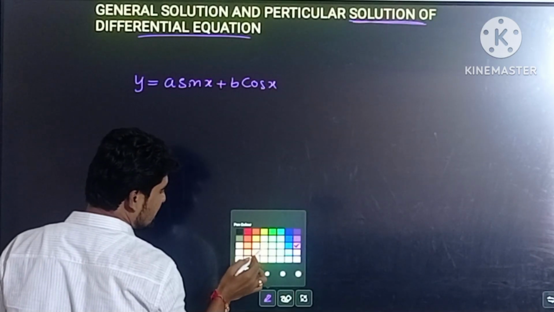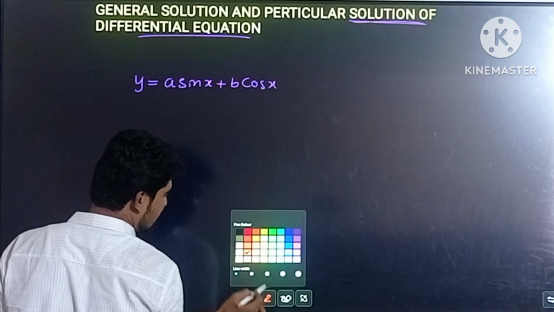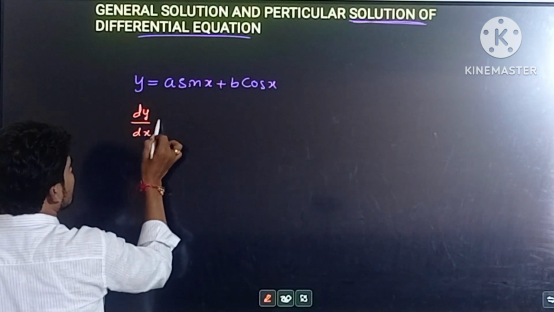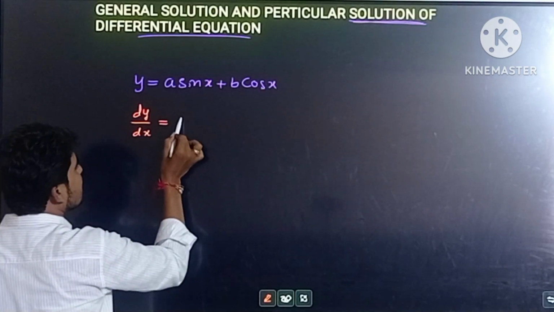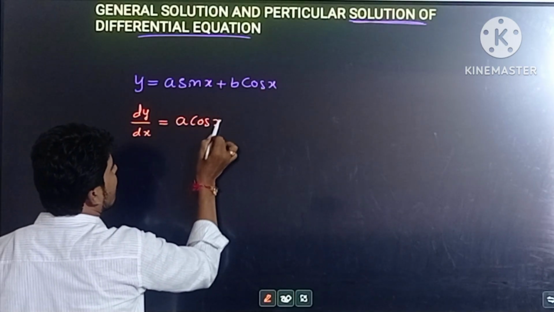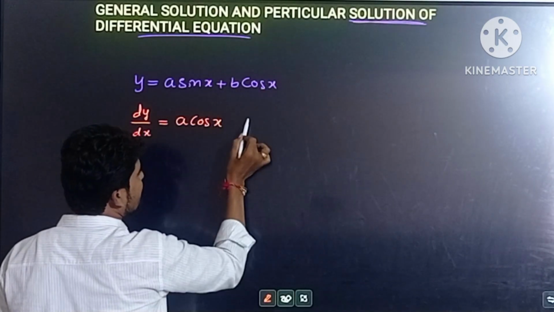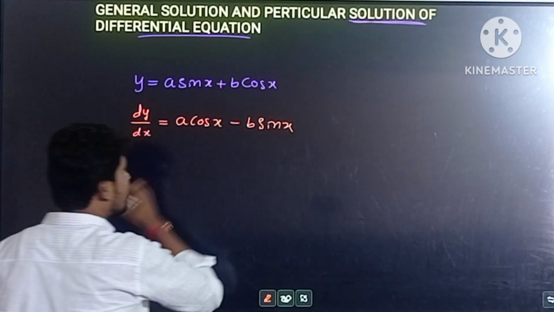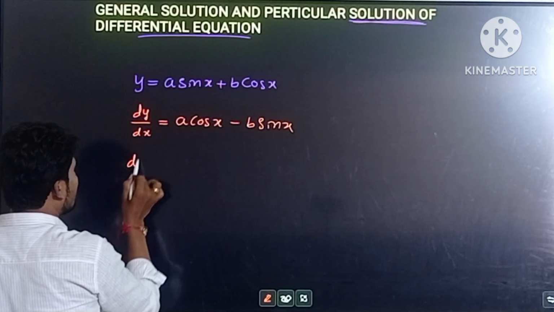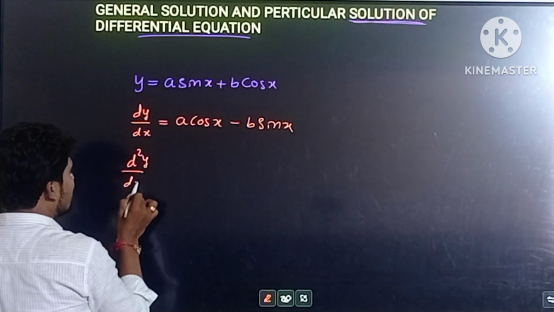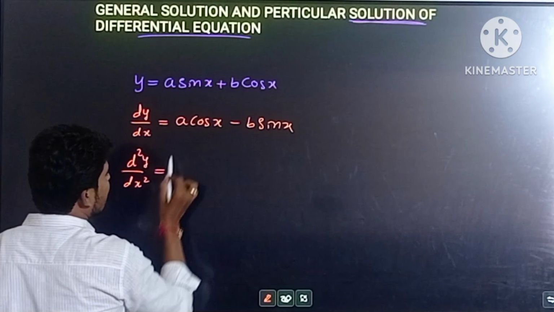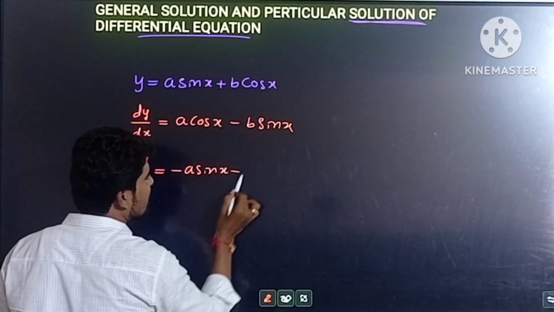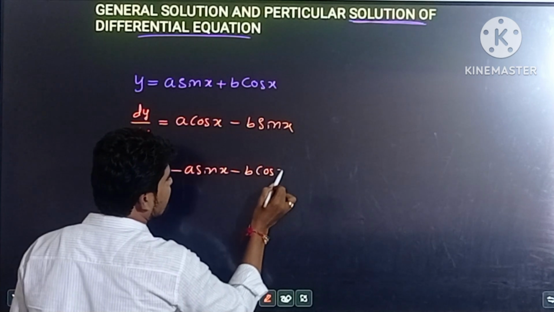By differentiating this, dy by dx is equal to a cos x minus b sin x. Again differentiating, d square y by dx square is equal to minus a sin x minus b cos x.